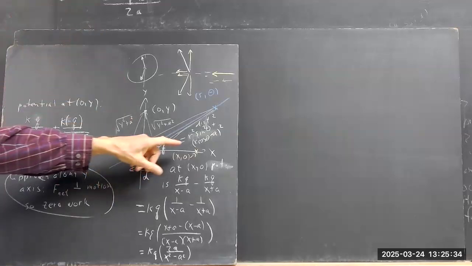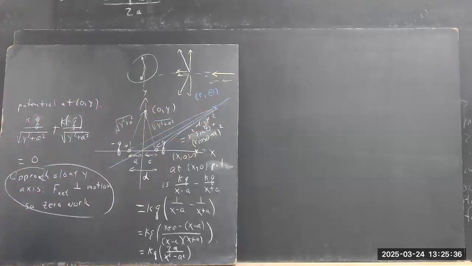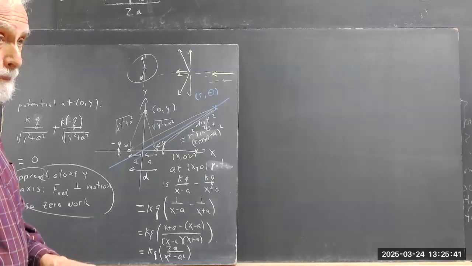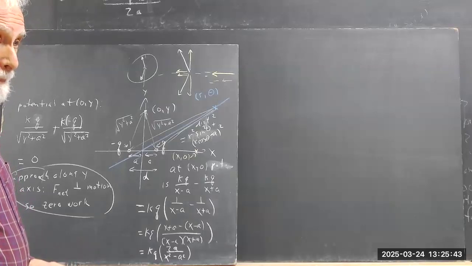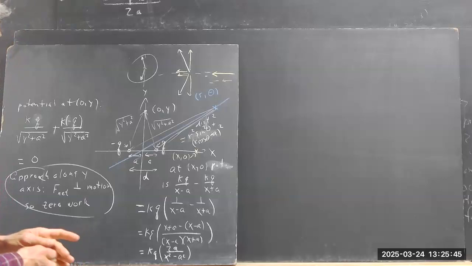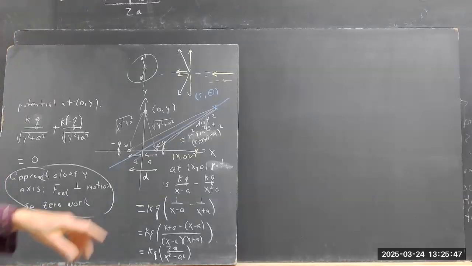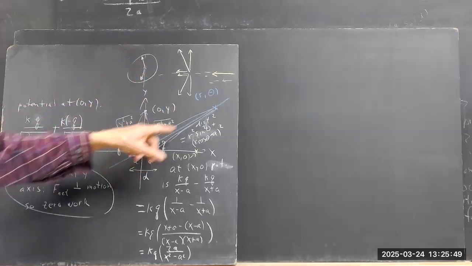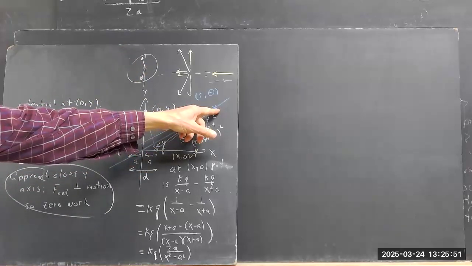Okay, enough of that. You understand we could do it at this angle. And there's an expression, just a simple dot product, that tells you what the potential would be out there.